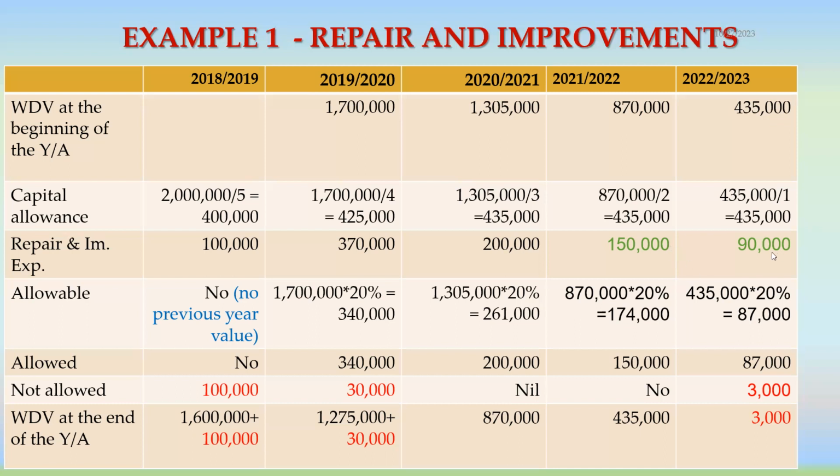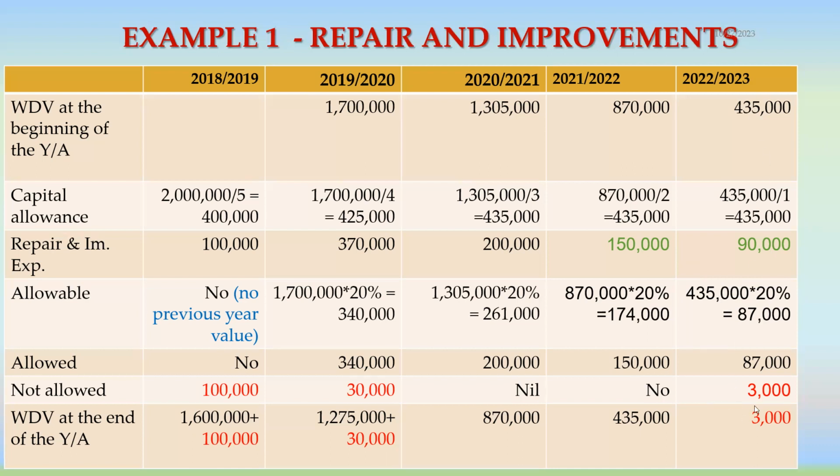If we apply 20% on the amount 0, that means we can't give any amount as a deduction, even though they have incurred it. Is that clear? We understand how this goes. When the written down value becomes 0 ahead, we can't give him any amount.